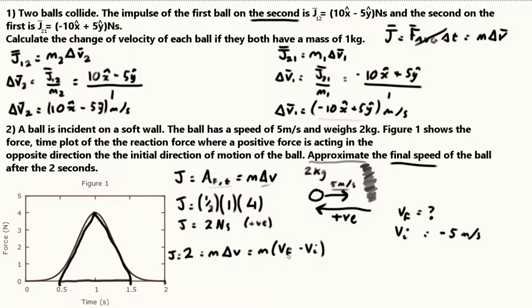If we rearrange this equation with J equals m multiplied by Vf minus Vi, we get that J is equal to mVf minus mVi. We can then get that mVf is equal to J plus mVi. And then we can divide through to get Vf is equal to J plus mVi, all divided by m.